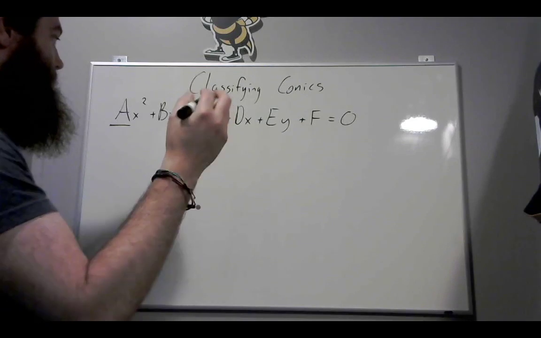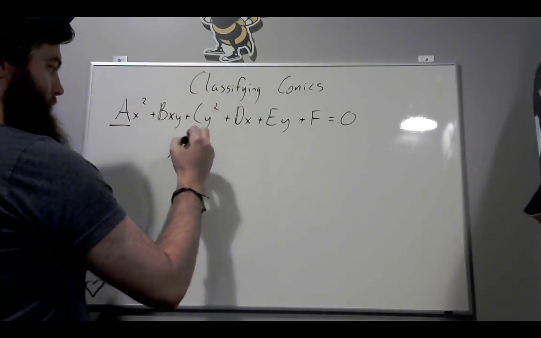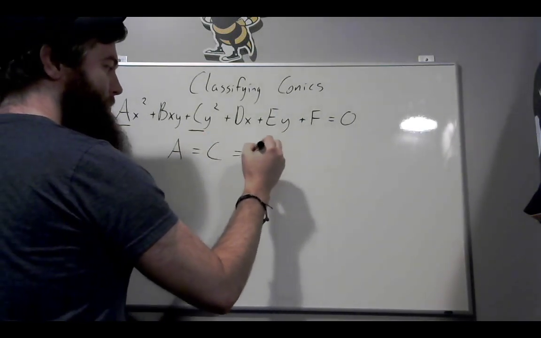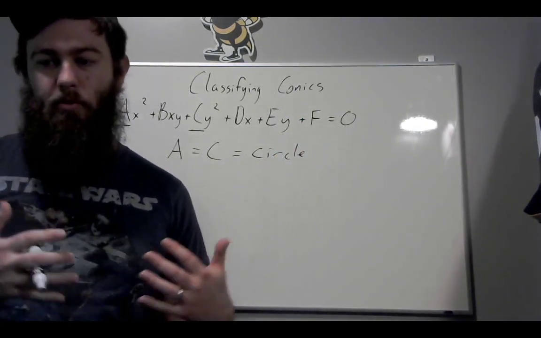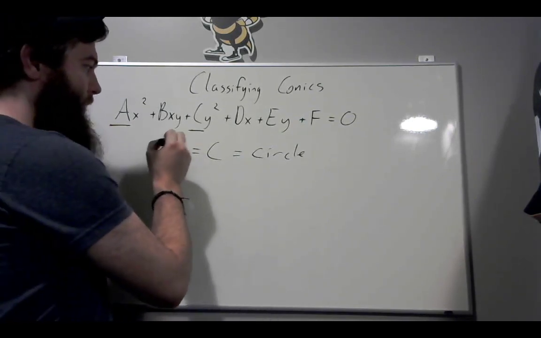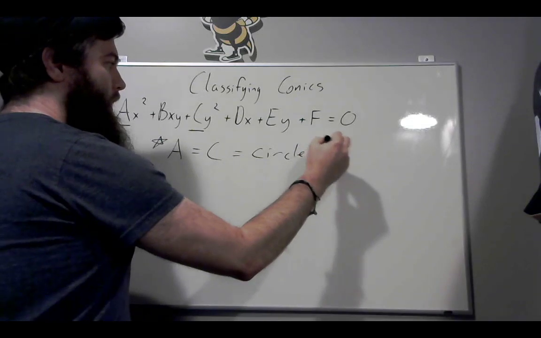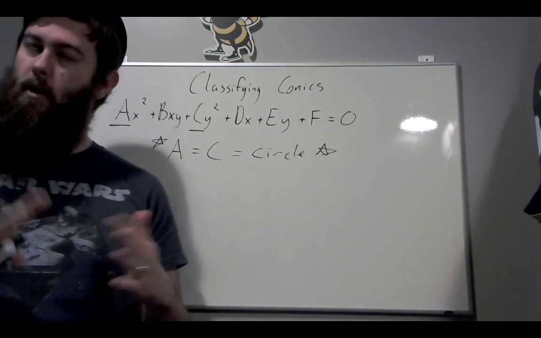So if a equals c, this is actually going to be a circle. So if those are ever equal to one another, they are going to be a circle. So we don't really care that much about circles, but just so you know, if a equals c, it's always going to be a circle.